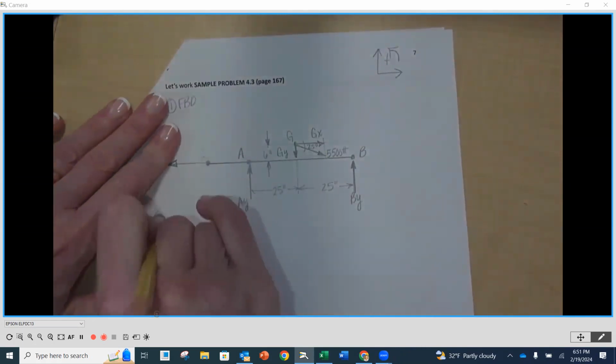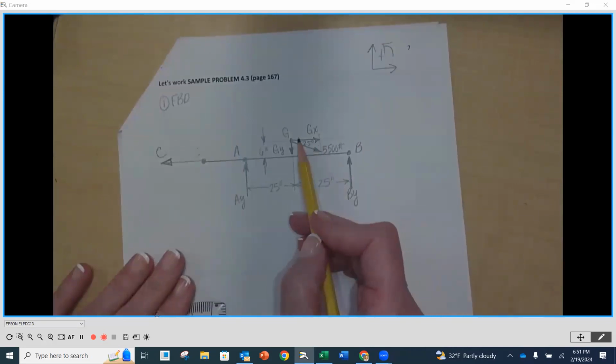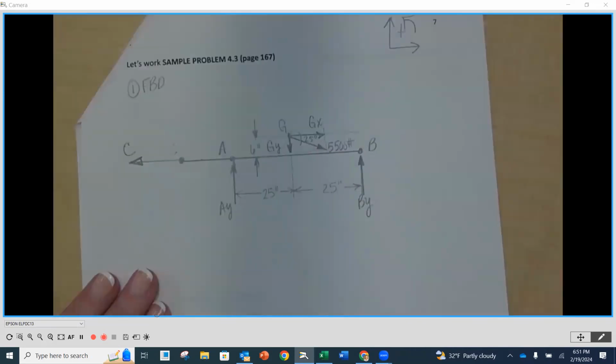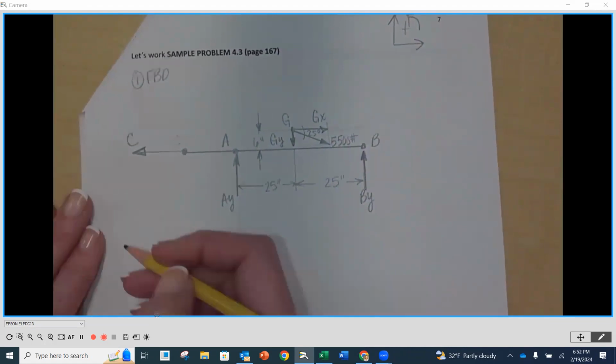What else can we calculate here before we worry about equations of equilibrium? Yeah, GX and GY, those components. So go ahead and solve for GX and GY. Notice that our 25 degrees is in our standard place to use the cosine for our X and sine for our Y.